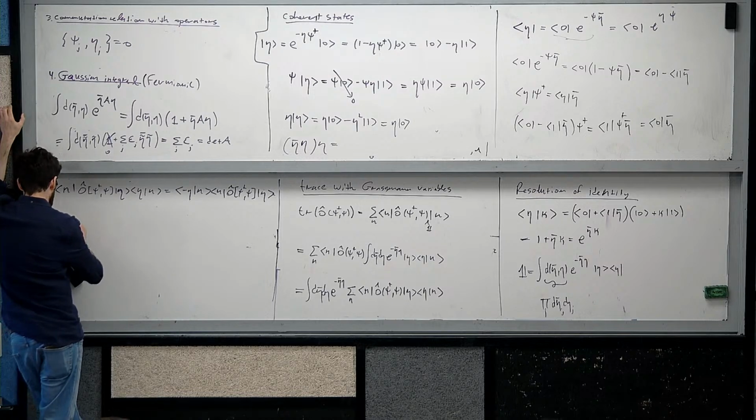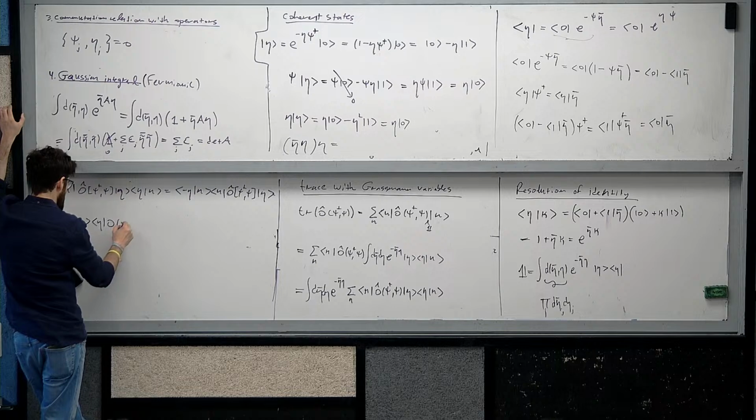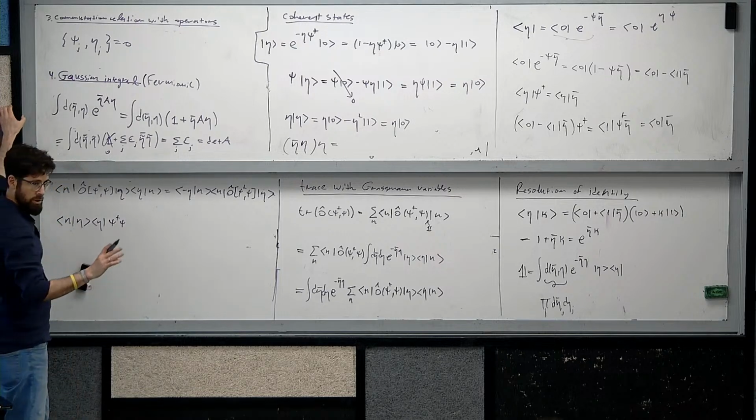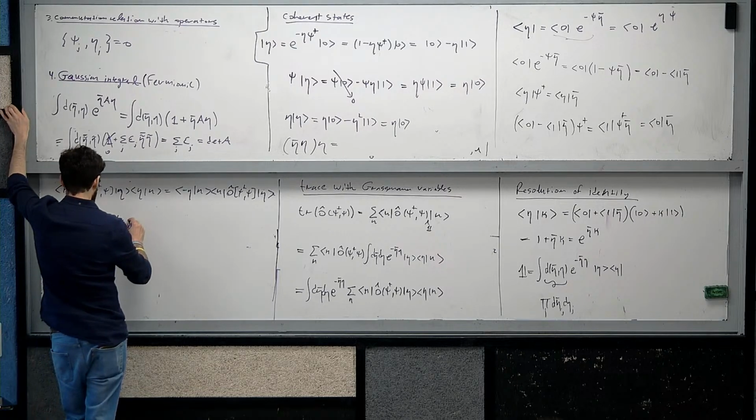So I have n eta O psi dagger psi. Allow me to have psi dagger psi as a representative of a general operator which is quadratic. Let's look at this specific case, and here we have n.